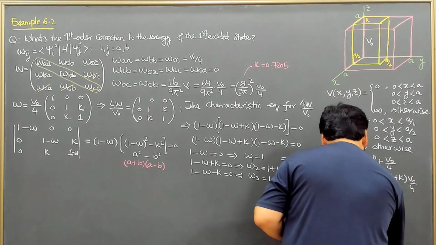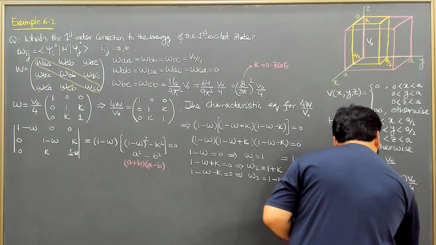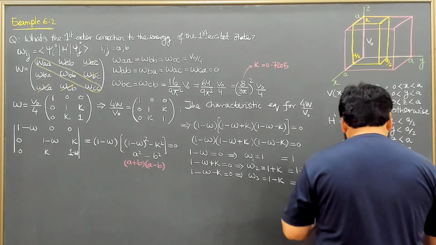And the other splitting is E10 plus (1 minus kappa) V0 over 4.